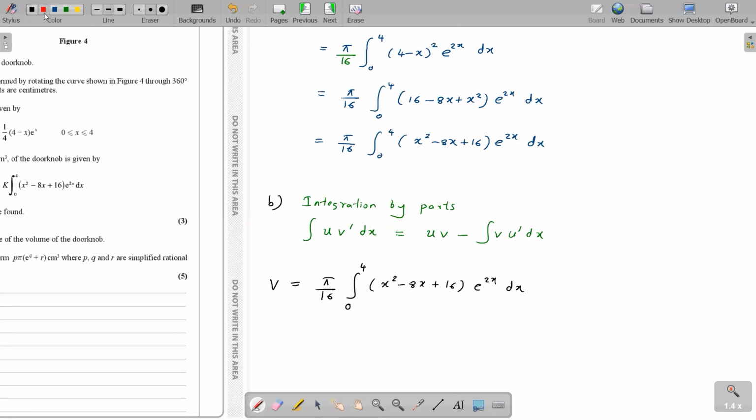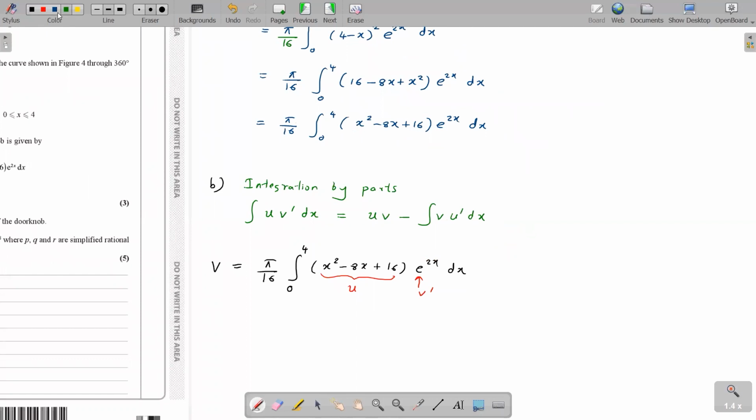So in this equation, I will be using this as my u and e to the power 2x is my v dash. So when I write it down here, u is x square minus 8x plus 16, which gives me u dash as the differentiation, 2x minus 8.